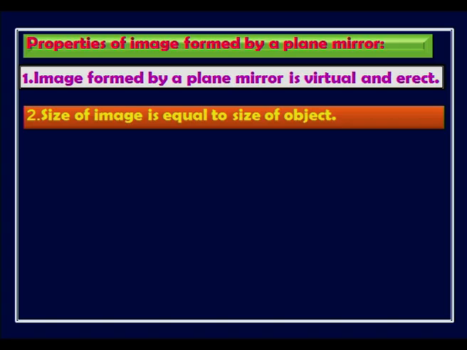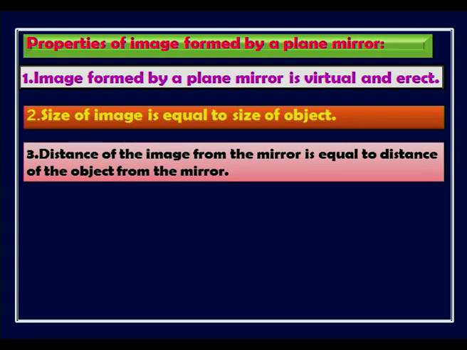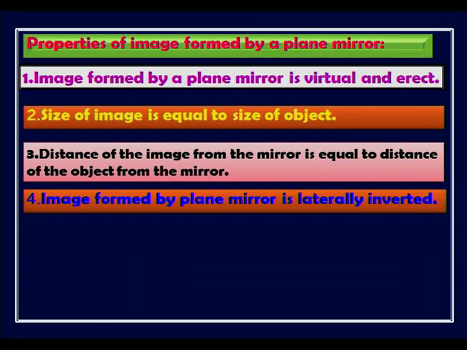The distance of the image from the mirror is equal to the distance of the object from the mirror. Whatever the distance the object is located in front of the plane mirror, the image is also formed at the same distance from the mirror. The fourth one is that the image formed by a plane mirror is laterally inverted.